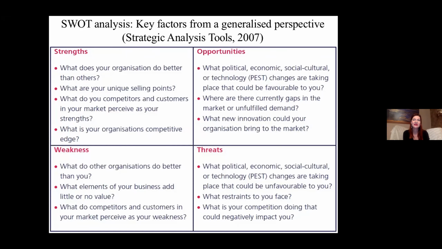Where are there currently gaps in the market or unfulfilled demand? When we're talking about threats, we are afraid of these gaps. But when we are talking about opportunities, we are trying to find the place where there is a gap on the market to invest something there, to implement something there. What new innovation could your organization bring to the market?